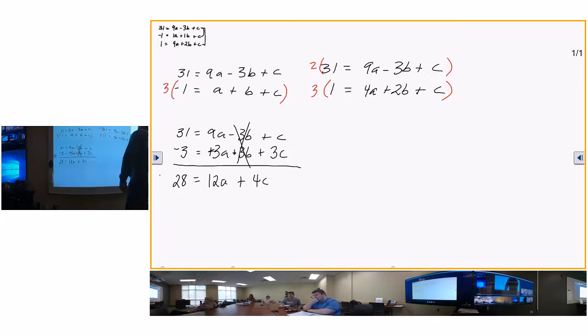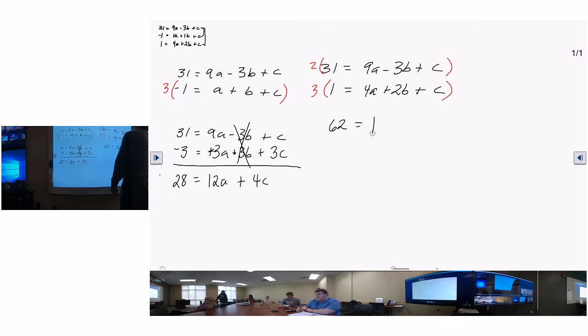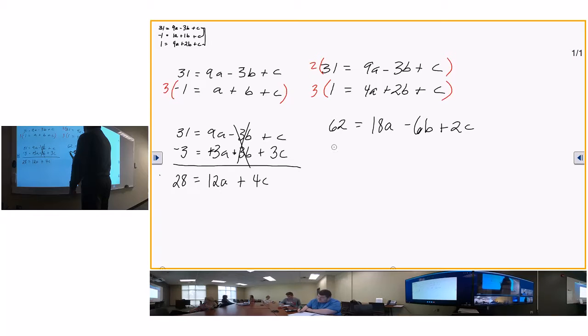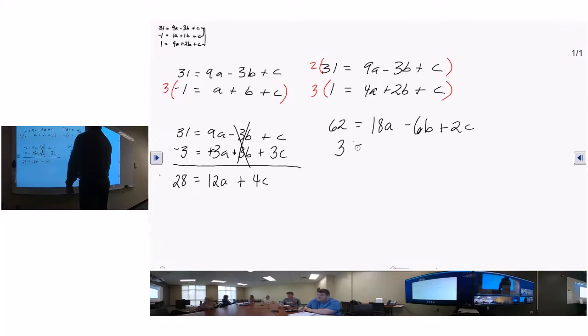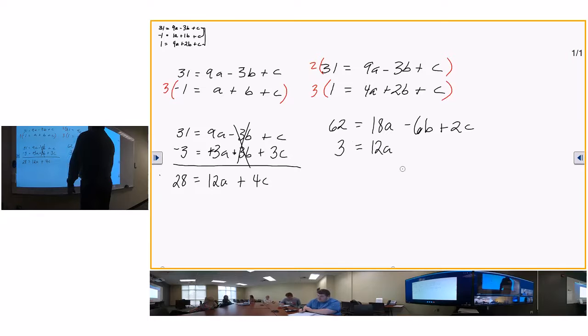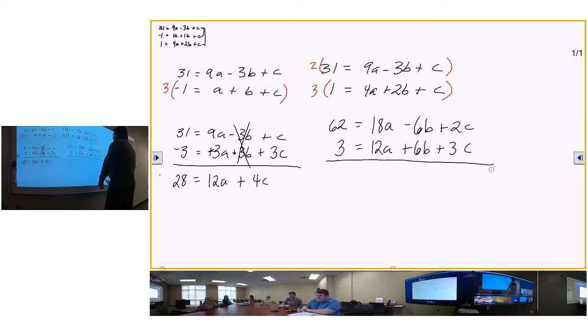And then this is going to be 62 is equal to 18A minus 6B plus 2C, over 3, 12A plus 6B plus 3C. Now I need everybody to check my math because I'm not as good with elimination as I am with matrices.